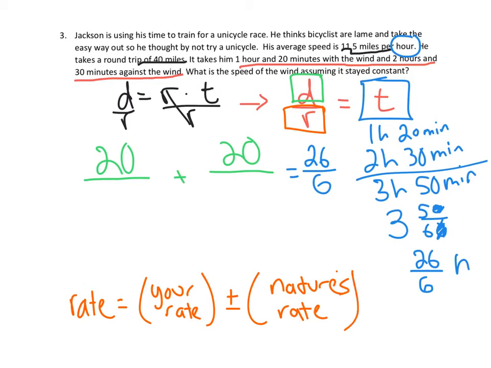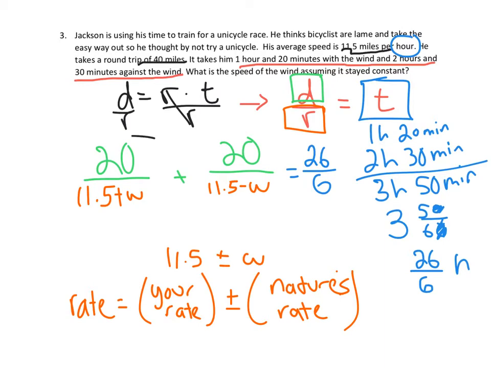So we were told that his speed is 11.5. So it's going to be his speed of 11.5 plus or minus nature's, or the wind speed in this case, which we don't know, so I'm going to call it W. So we would put that into our denominators as 11.5 plus W, 11.5 minus W.